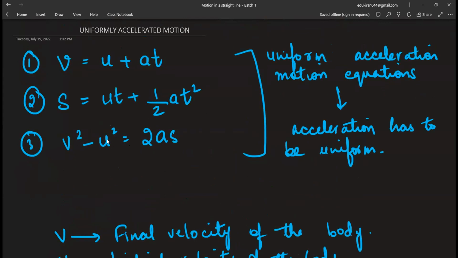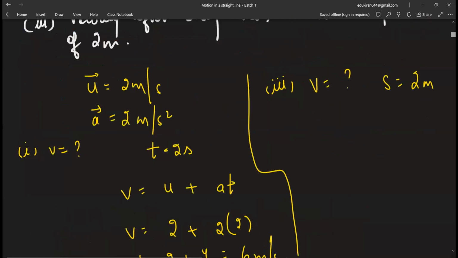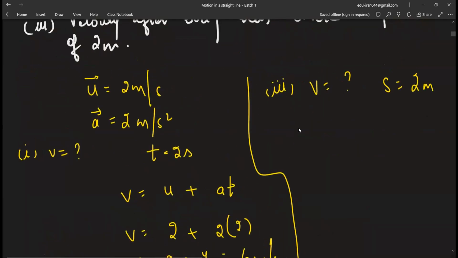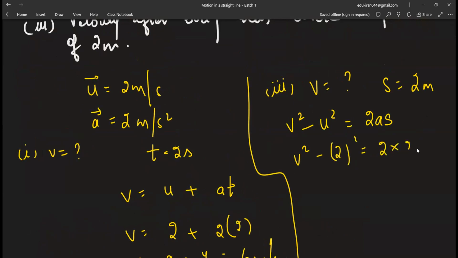See, v square minus u square is equal to 2as. You have the initial velocity and acceleration. S for the third part is given and v is unknown. So this becomes v square minus u square, this is 2 square, is equal to 2 into 2 into 2.